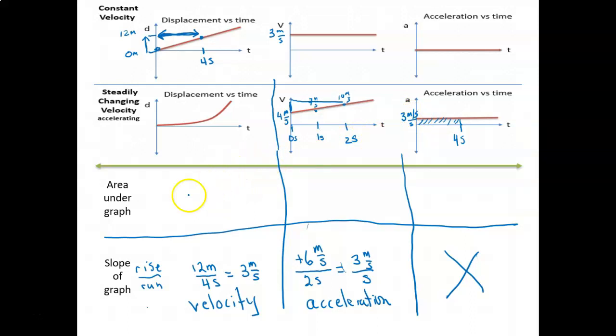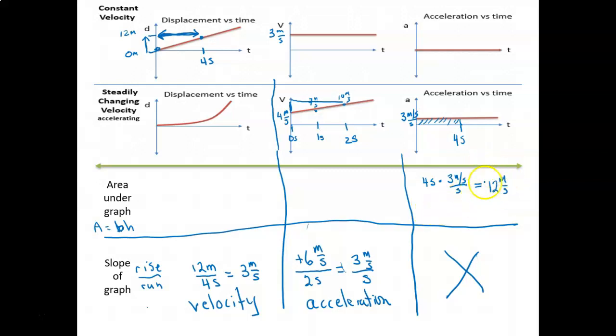Okay, and area, just think of area as a rectangle. What's the area of a rectangle? Area would equal base times height. So in this case, our base would be 4 seconds, and our height would be 3 meters per second, 3 meters per second of speed change each second, and if we multiply that, we'd get 12 meters per second.